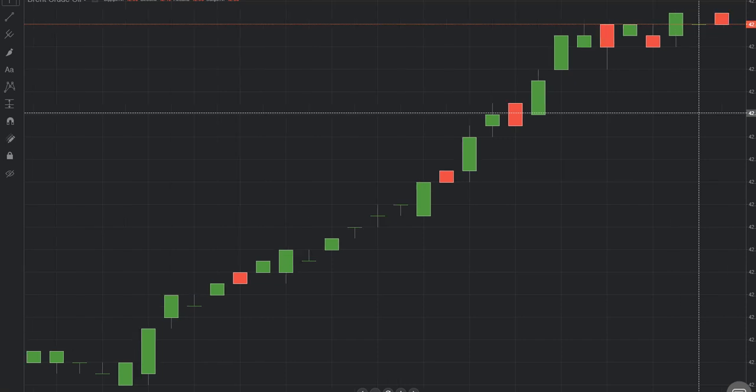Chaikin Money Flow is used by traders to confirm the market trend. A CMF value above zero indicates an uptrend, while a CMF value below zero suggests a downtrend. When the Chaikin Money Flow indicator is above the zero level, this is a bullish signal. When it is below the zero level, this is a bearish signal.